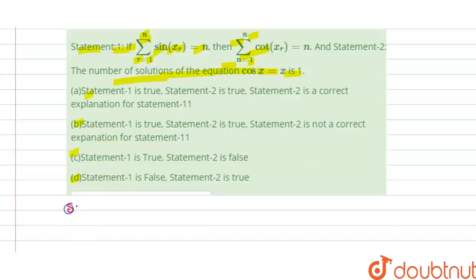So the solution of this question is: the summation from r equals 1 up to n of sin x_r is equal to n.